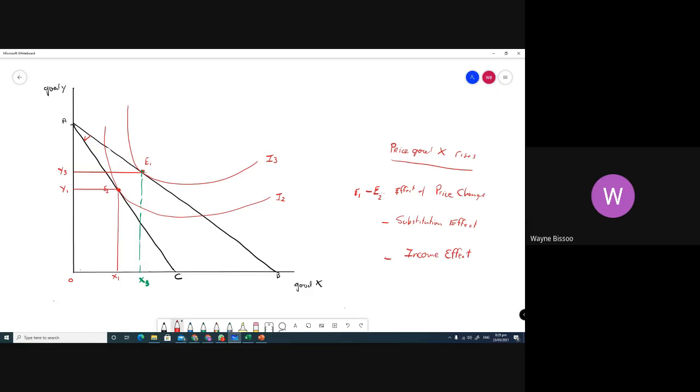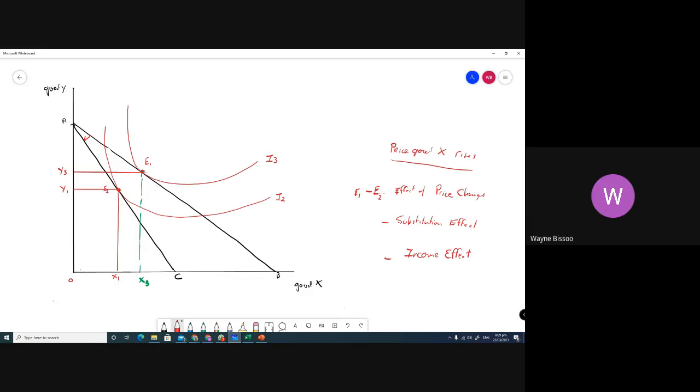Now, the way in which we hold one of them constant is by doing something. So what was it we said we will do? We are going to take a budget line that is parallel to the new AC budget line, but tangential to the first indifference curve.